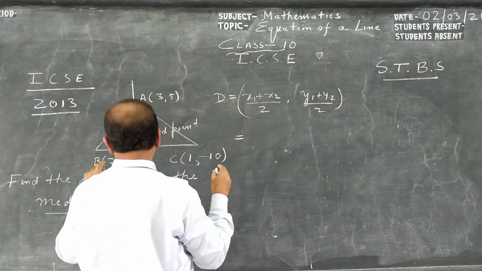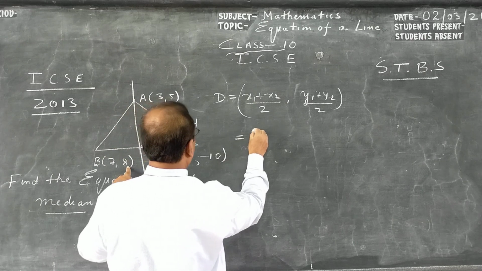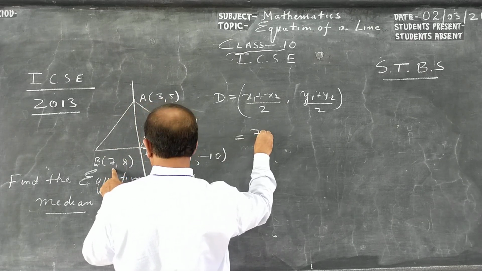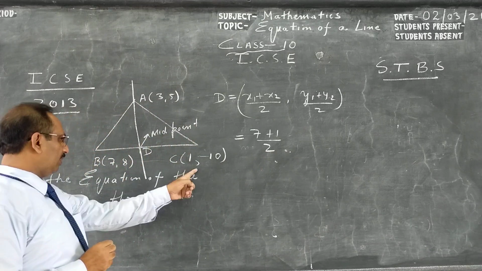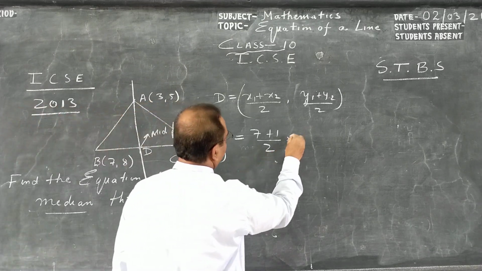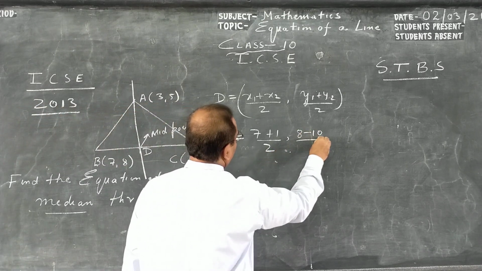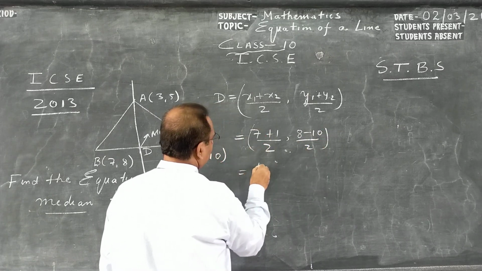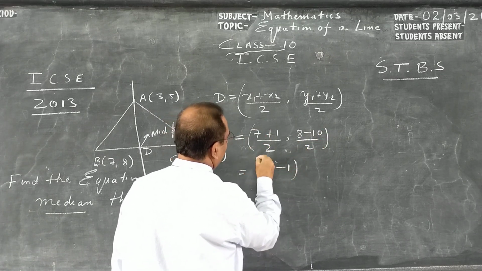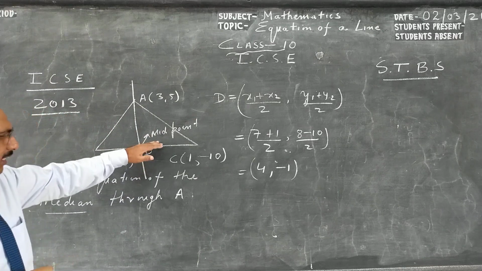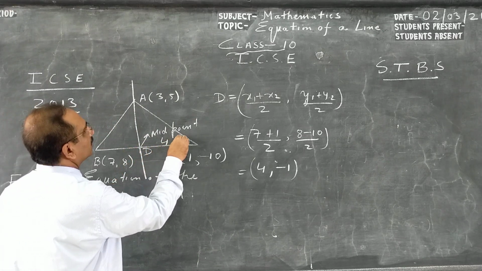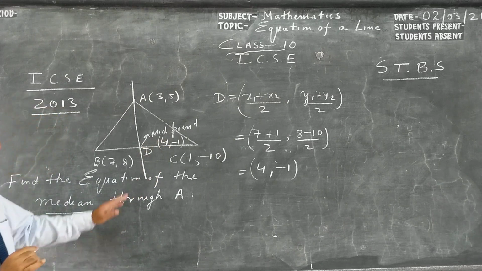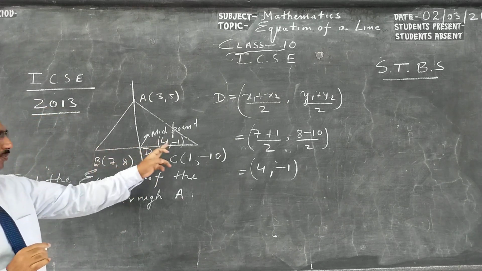So what do we get, children? (7 plus 1) by 2, (8 minus 10) by 2. It's quite simple, children. We got 4, and here we'll get minus 1. So this point is (4, minus 1). So we have got the midpoint of BC.